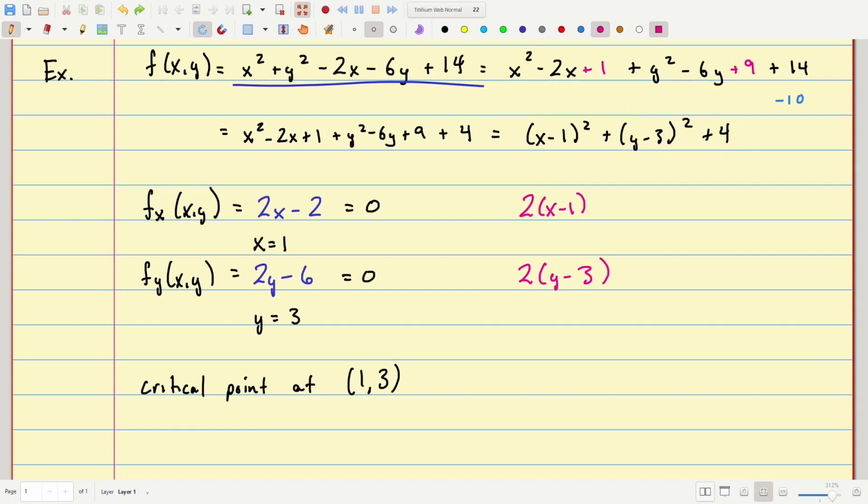Okay. What that tells me is that I have a local, and it's actually an absolute value here.